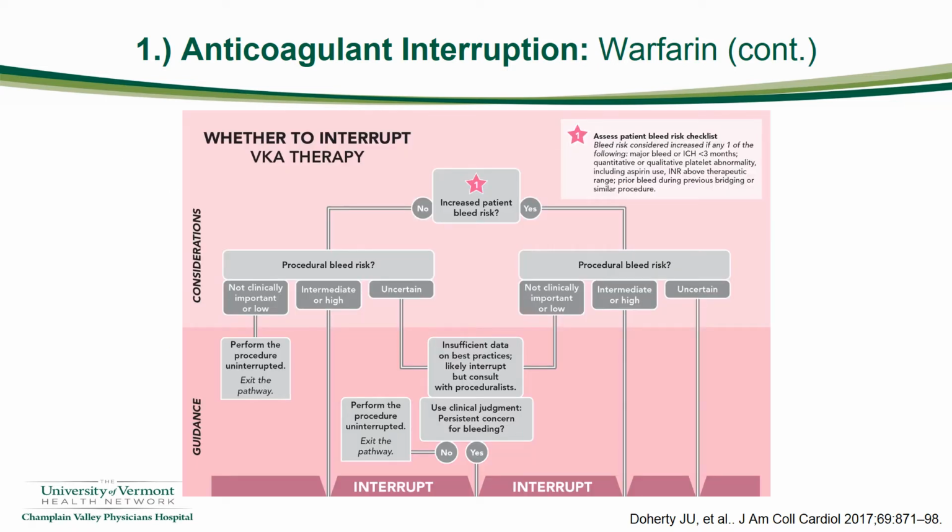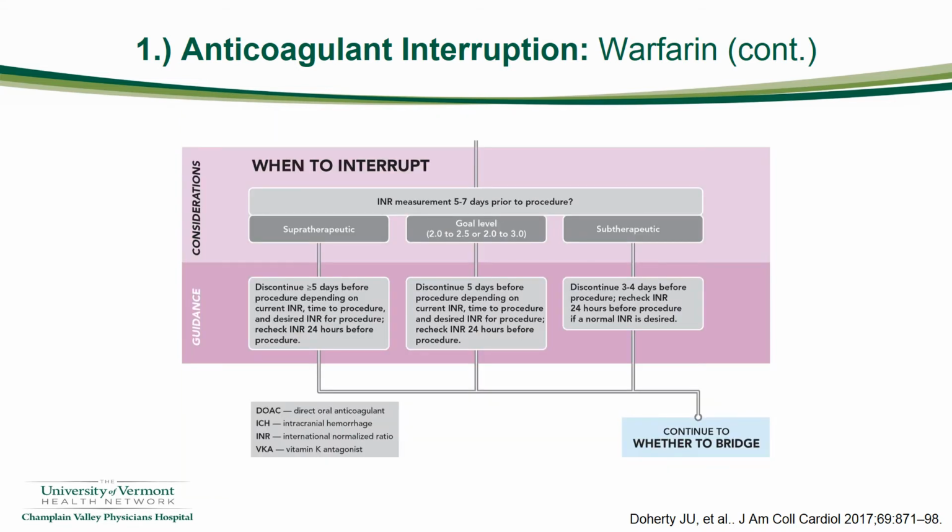Once again, here we just have a visual representation of what we discussed on the past couple slides. Similar to our DOACs, we saw that the first step is assessing a patient's bleed risk, determining whether or not they're at an increased risk for bleeding, and then we move down into assessing the specific procedural bleed risk to determine whether or not to actually interrupt warfarin therapy. For those patients in whom interruption of warfarin therapy is indicated, we look at an INR measured at least 5 to 7 days prior to the procedure to guide us on how to withhold warfarin prior to that given procedure.